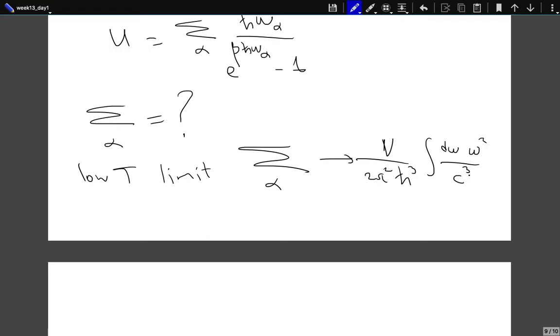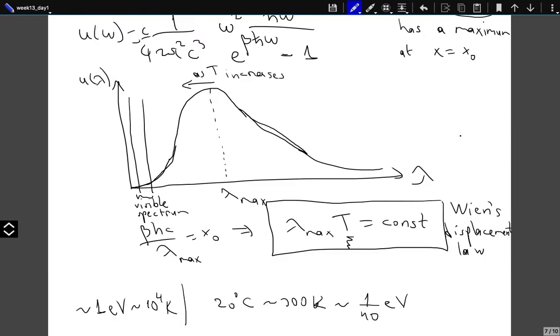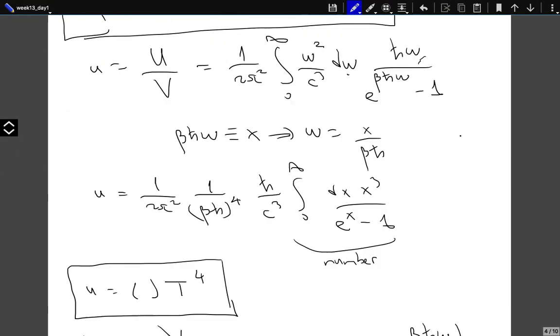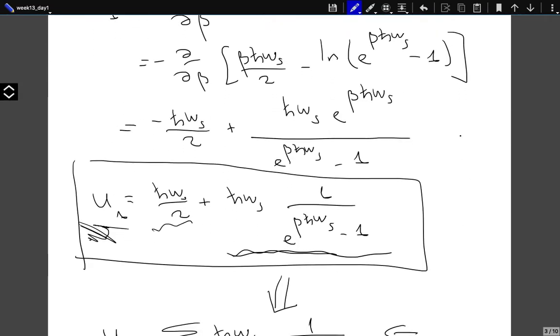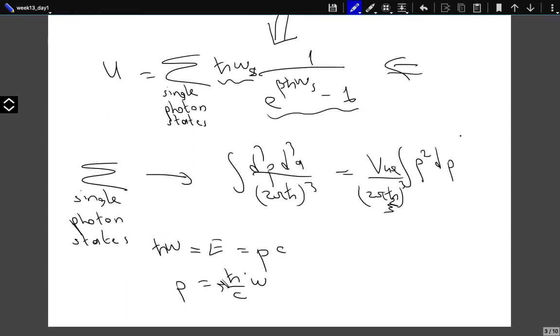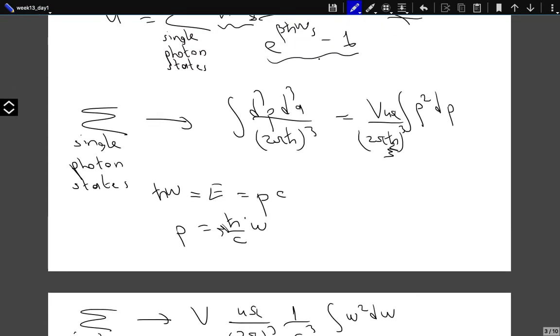Well, there are a couple of things we have to take into account. One thing, I have to make a correction in this photon case. You see here I had the sum over single photons. I have to insert a 2.